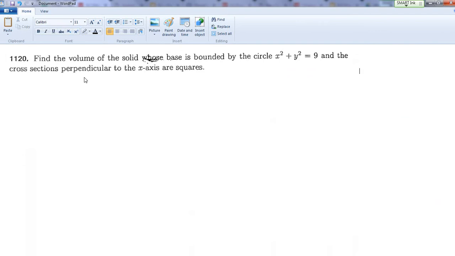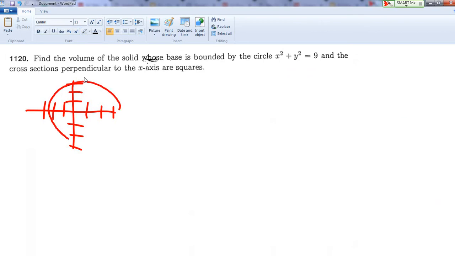Radius is not 9. Radius is what? What's radius? Radius is 3. It's always helpful to draw a picture of these problems. And the origin's at 0. How come the origin's at 0?